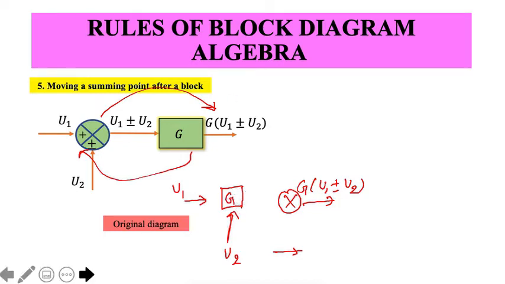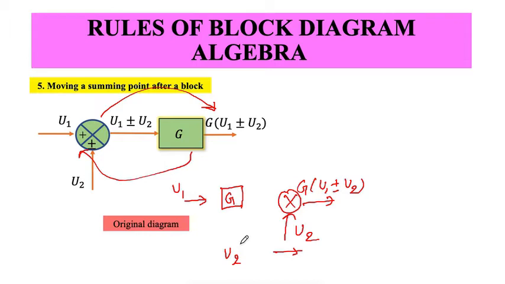I will just clear it once. So my input is going into the summation block, u2, correct?